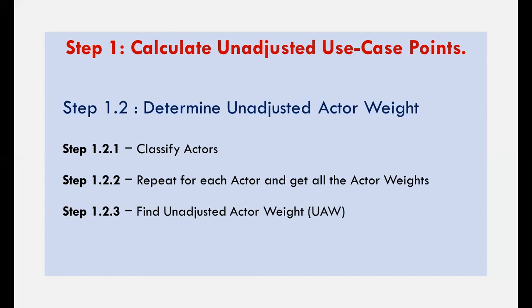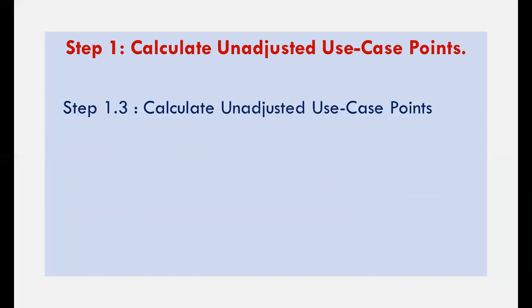Now, we need to calculate the unadjusted use case points. The unadjusted use case weights UUCW and the unadjusted actor weights UAW together give an unadjusted size of the system, which is referred to as the unadjusted use case points, given by the formula UUCP is equal to UUCW plus UAW.